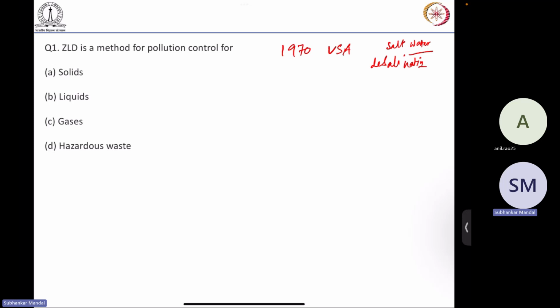So these are the key advantages of ZLD. Although its cost is high in most cases, once you put in this setup, it can last long and you need not worry about water recycling. Basically ZLD, zero liquid, as L is for liquid, is more applicable towards the liquid. So the answer will be liquid.